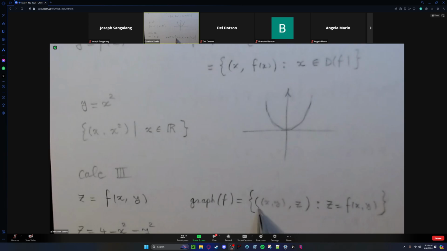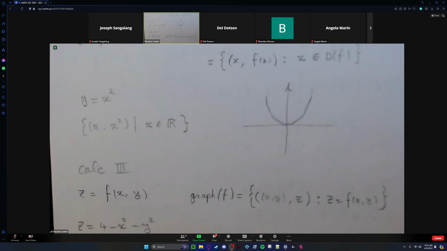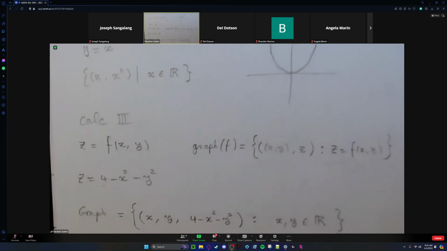So we put them together, the input comma the output, and this is a point in 3D. So the graph of a function of two variables is a 3D object.